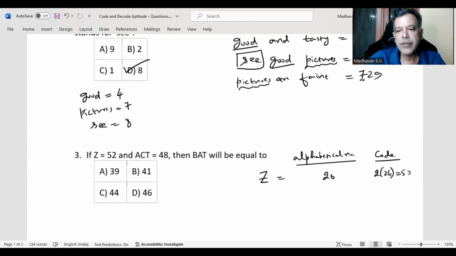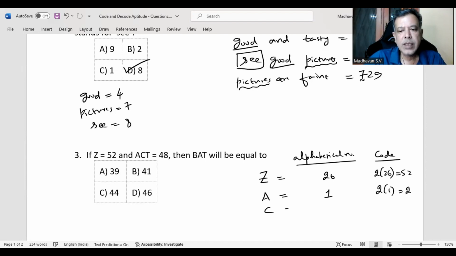That is why they got 52. Same logic for A: the alphabetical number is 1, and the code should be 2 into 1, which is 2.